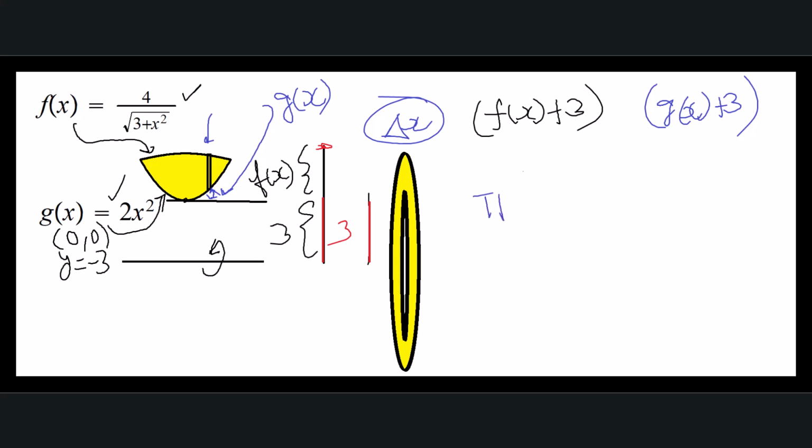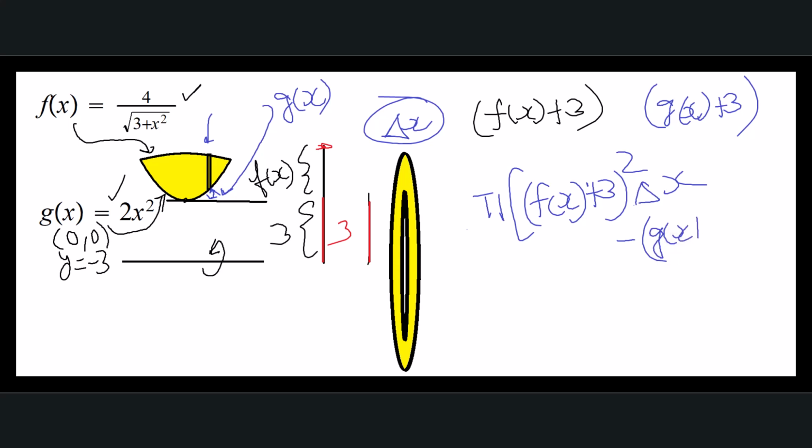So the volume of the outer cylinder, we can call it the outer disk rather, is this much times delta x, okay? And that of the inner is just with pi, so I'm just leaving it like this, times g(x) plus 3, which is the inner radius, delta x.